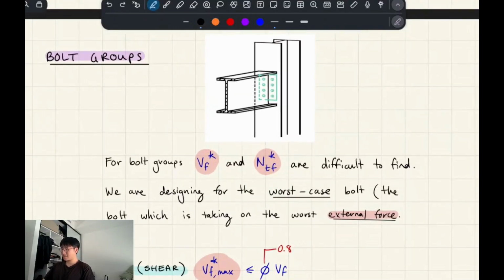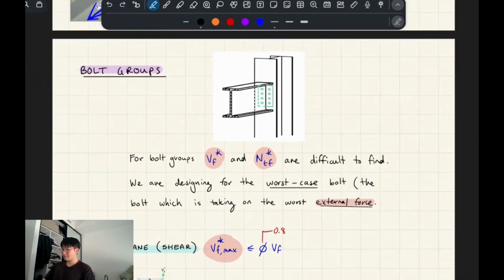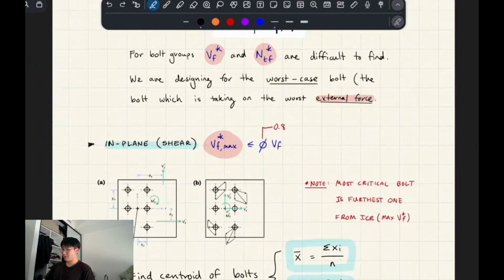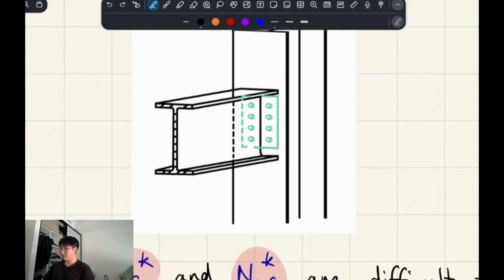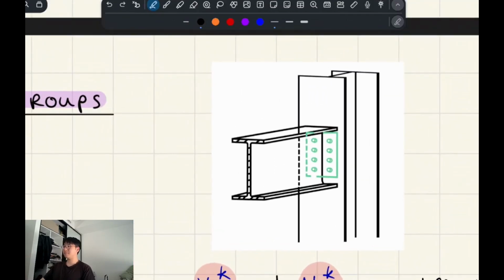so bolt groups are bolts acting together essentially. And there's different examples. So in plane shear is like if we're looking at this beam as a column connection, right? In plane shear would be, for example, gravity loads or the reaction at the support. Because basically all these bolts have to react essentially. It has a reaction force, like that.